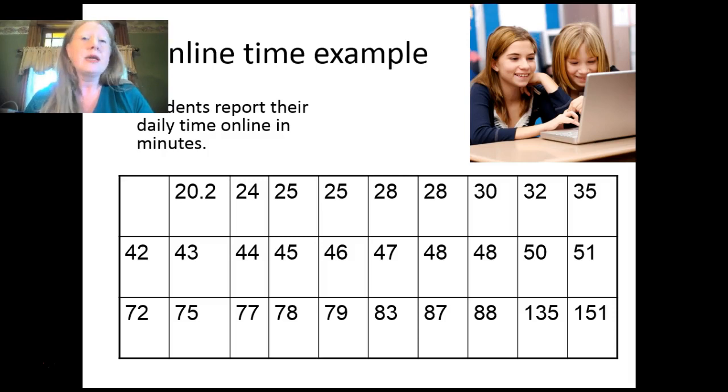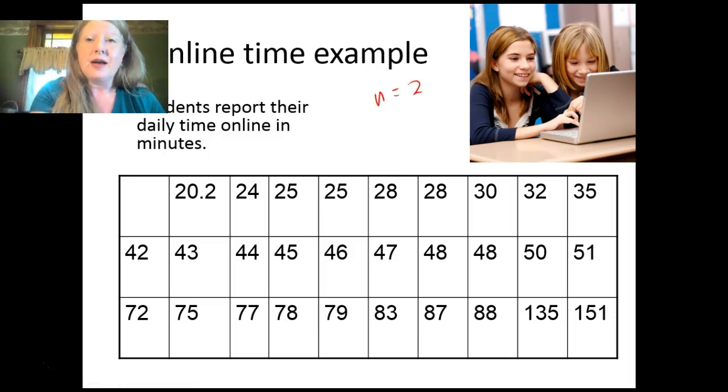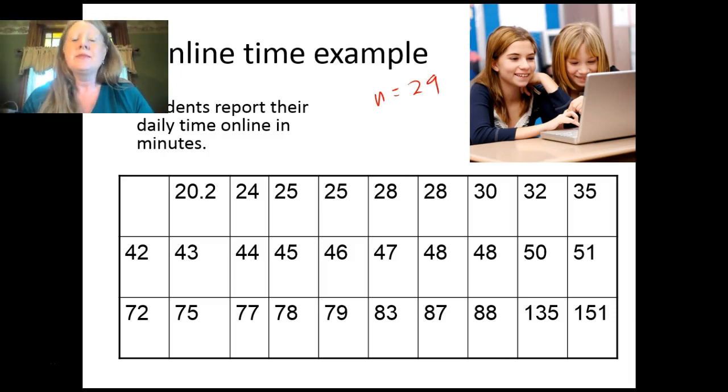So here we have 29 students, so n equals 29. And we asked them to report on their daily time online in minutes. How many minutes do they spend online on average each day? And so here are the values that we got.